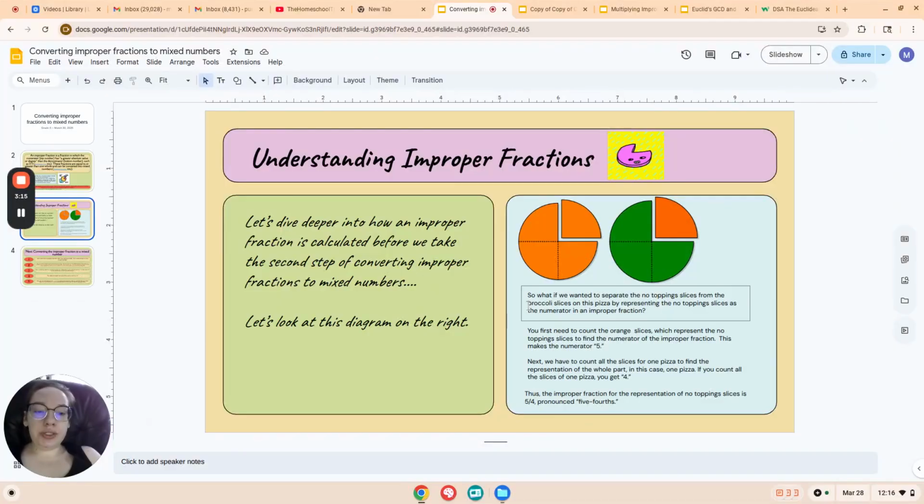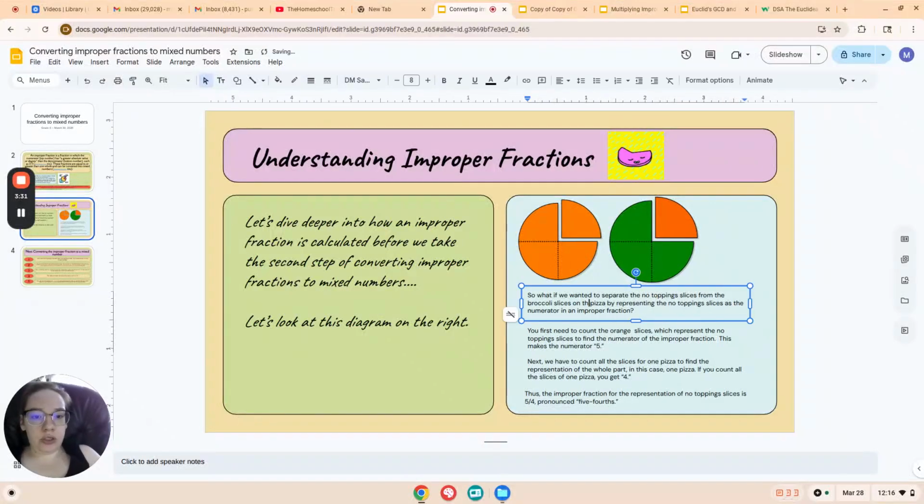What if we wanted to separate the no topping slices from the broccoli slices on these pizzas by representing the no topping slices as the numerator in an improper fraction? I apologize, I had it as this pizza, but it is a plural noun. We're talking about these pizzas.